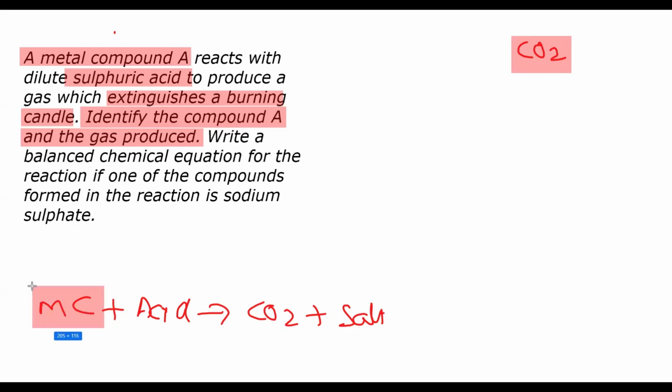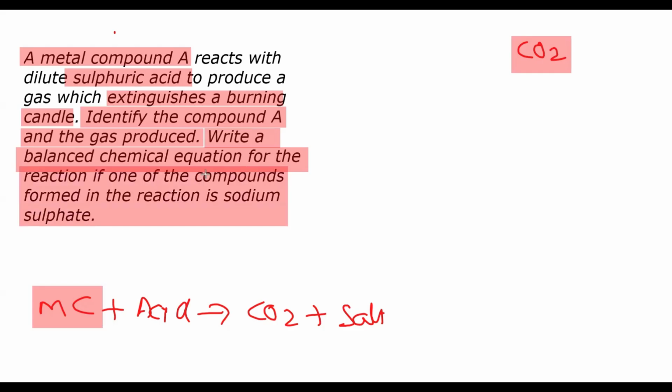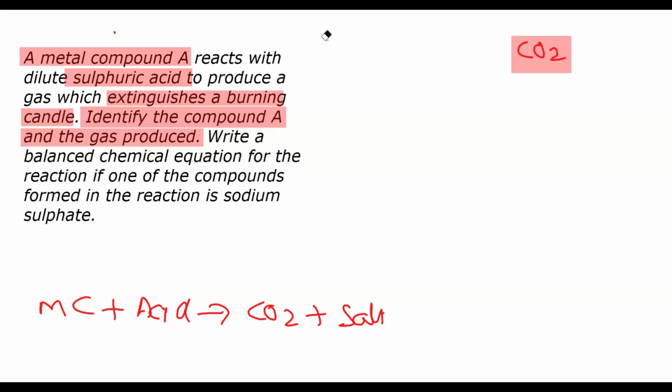As of now, we don't know which metal compound it is. It can be metal carbonate or metal bicarbonate, can be sodium carbonate, potassium carbonate. So that's why we should read the question till the end. And it says that in this reaction one of the compounds formed is sodium sulfate. So we get an idea that it must be a carbonate of sodium, right?